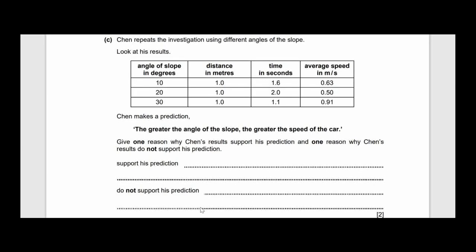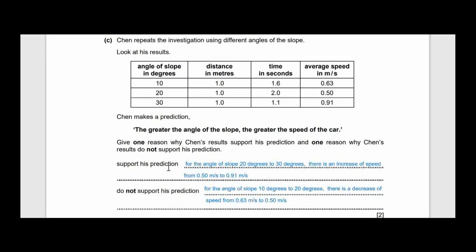Alright, let's open up the answer. The one that supports his prediction is the angle of slope 20 degrees to 30 degrees, where there is an increase of speed from 0.5 meter per second to 0.91 meter per second.